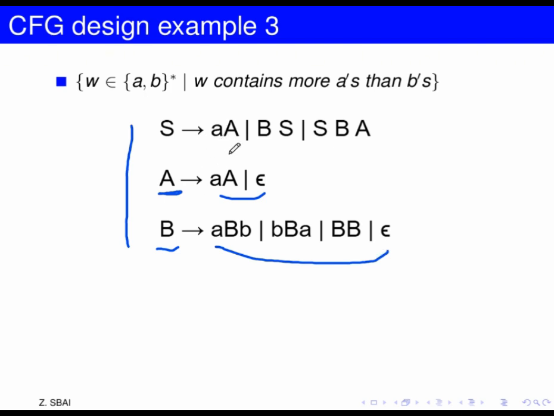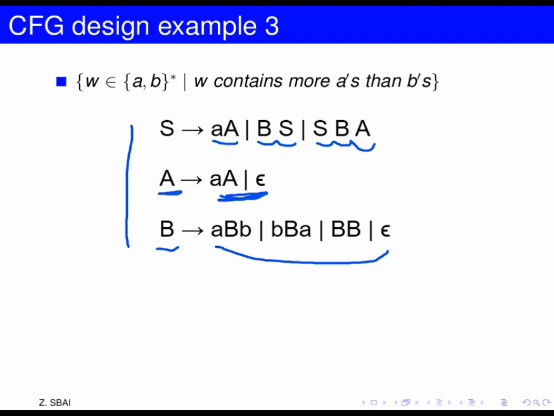For S, it's one or many symbols A, or a balanced string concatenated to another string, or a string concatenated to a balanced string concatenated to a list of A's, where A is 0 or more small a, so it's A or epsilon.